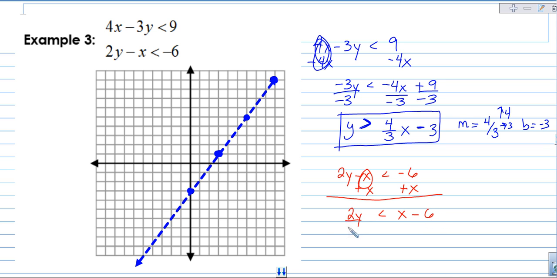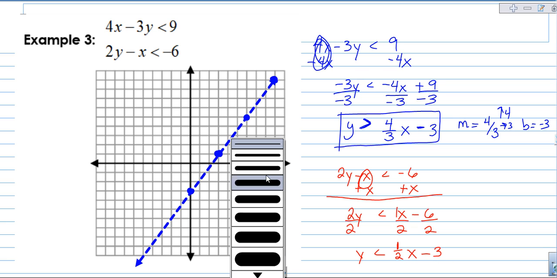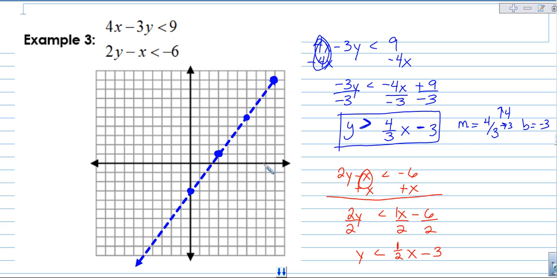And now I'm going to divide by 2 to both sides. And so then I'm going to end up with y is less than, because we didn't divide by a negative, and then that's really an understood 1 right there. And so you got 1 half x and then negative 3. So we're going to start down at negative 3 also, right here.